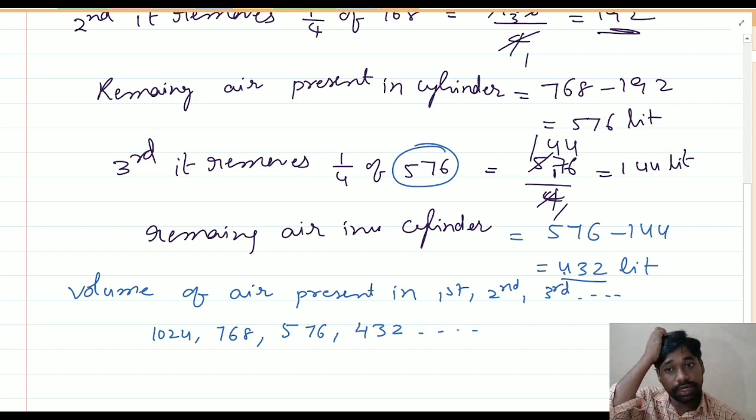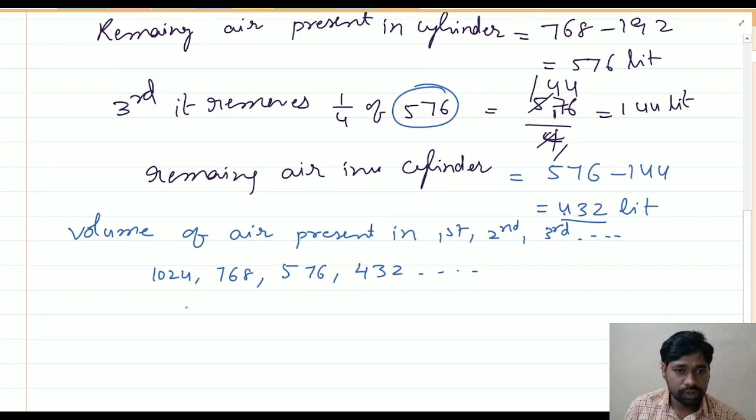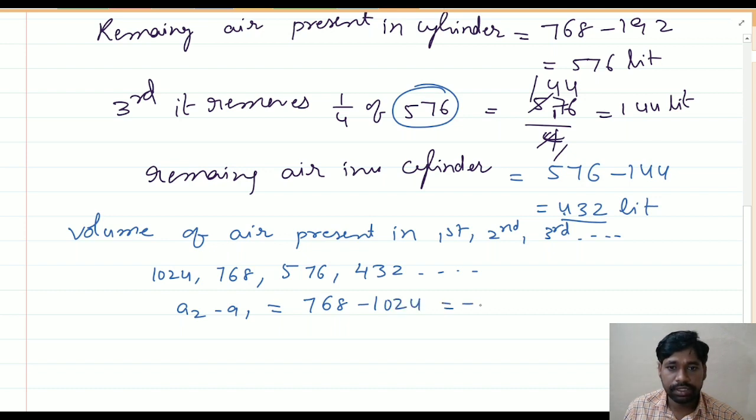If you take a common difference, and if it is the same, then it is called an arithmetic progression. Otherwise it is not. So A2 minus A1 is equal to 768 minus 1024, which is equal to minus 256.